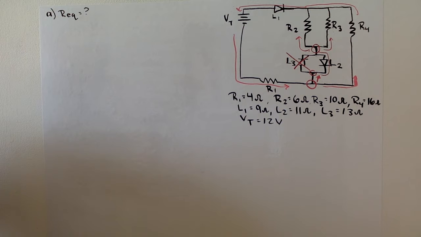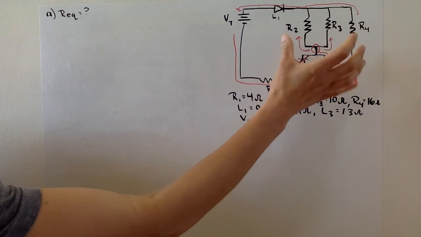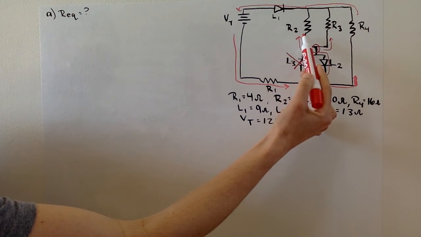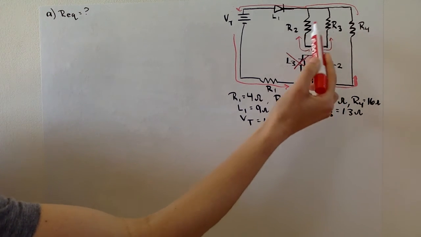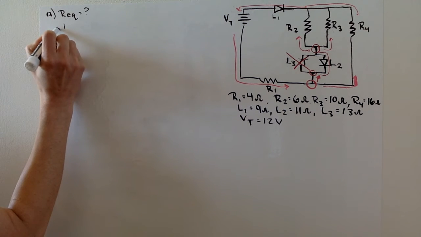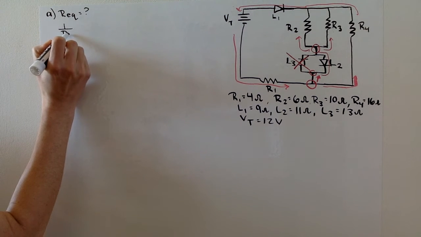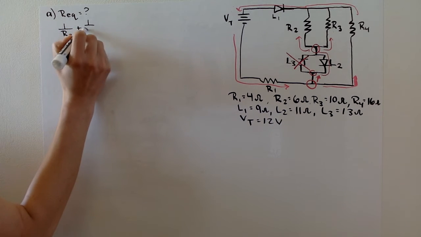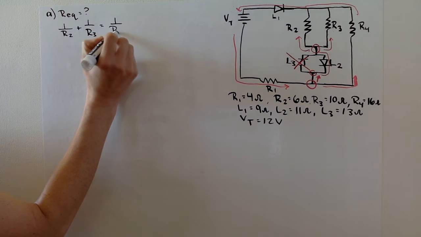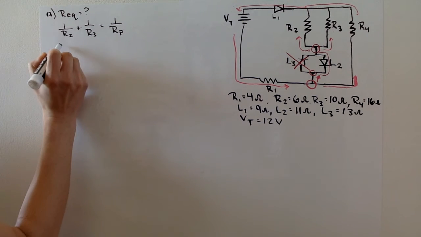The very first thing we need to do is start finding the equivalent resistance by working from the inside out. I'm going to deal with R3 and R2 first. These are wired in parallel with one another, so I'm going to find the equivalent resistance between those two resistors. If they're in parallel, we take the inverse: 1 over R2 plus 1 over R3 equals 1 over RP.